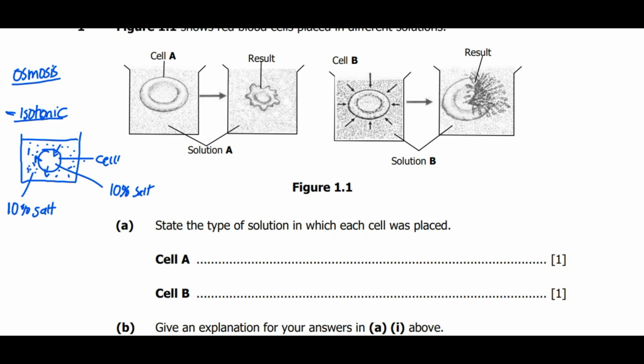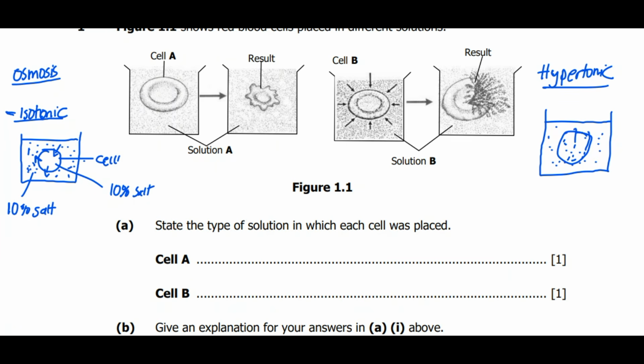Now let's look at the second one, what we call hypertonic solution. Now for hyper, in biology hyper means above. So a hypertonic solution is a type of solution where the concentration is much greater than that of a cell. So if for example we have an animal cell here, we can say that in the solution there is 10% of salt, then you would find that in a cell there may be 5% of salt.